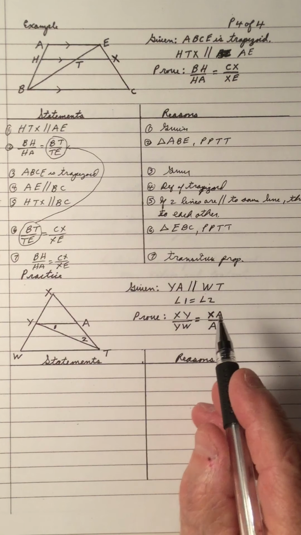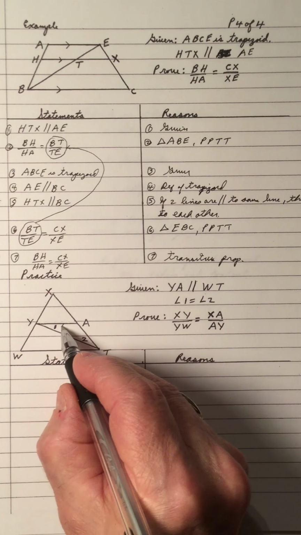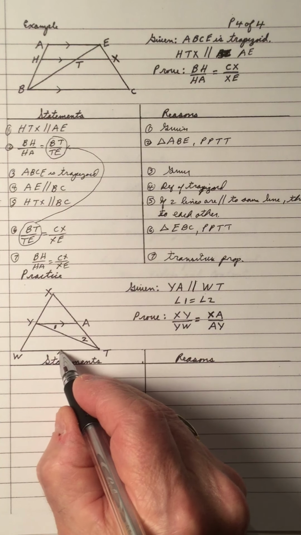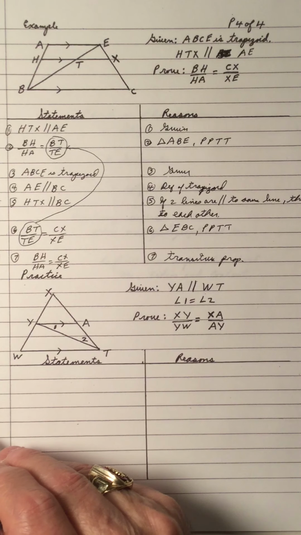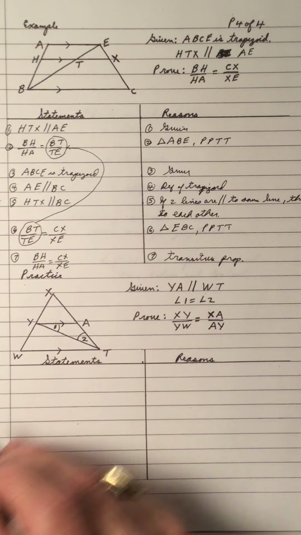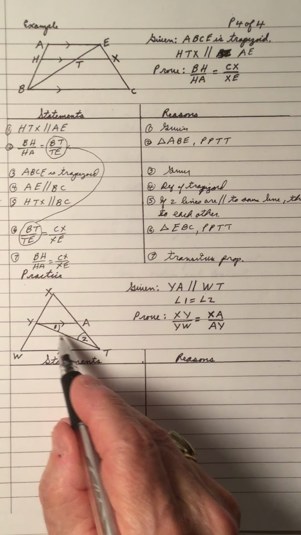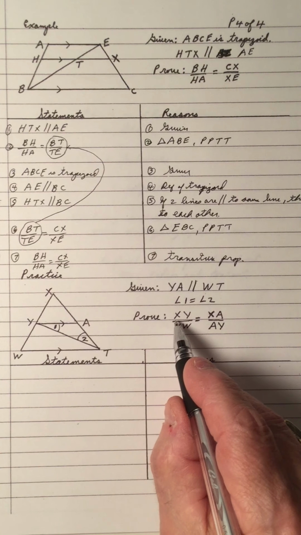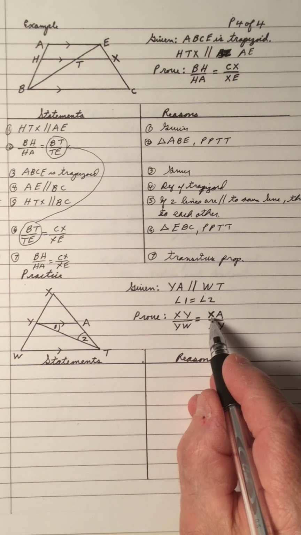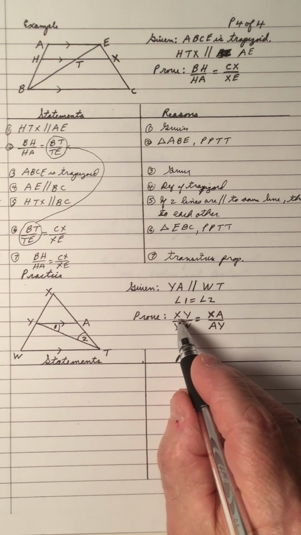Here I go. Now I have to look at that YA is parallel to WT. Angle 1 is equal to angle 2. So how are these parallel lines and this angle going to give me XYA? Is this a triangle?